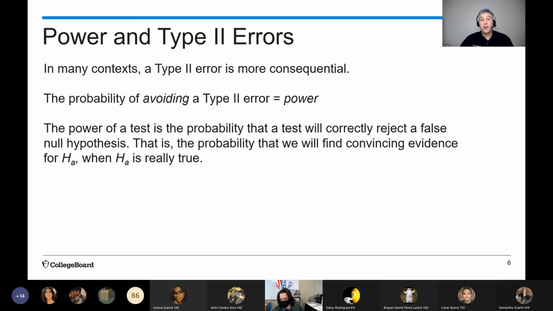So the null hypothesis is false, and our data gives us convincing evidence that it's false. So power is the probability that we find convincing evidence for the alternative when the alternative really is true. That means the probability of a type 2 error is 1 minus the power. Remember, if power is the probability we avoid a type 2 error, then 1 minus the power is the probability of a type 2 error.